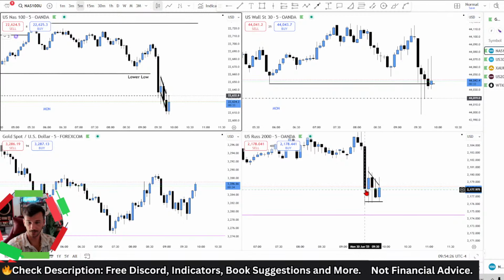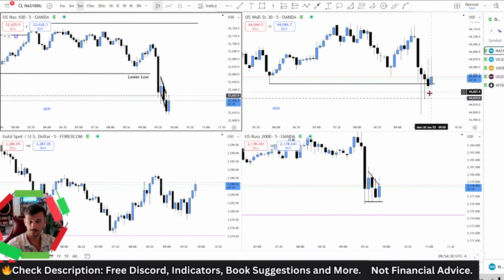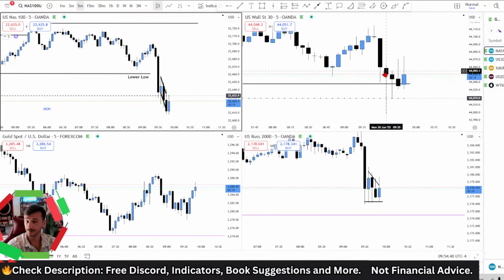Okay, we're still sitting on the inside of this bar's high and low. US 30 has closed a little bit lower, but just barely. We're mainly on the inside of this bar's high and low, sitting inside that range.